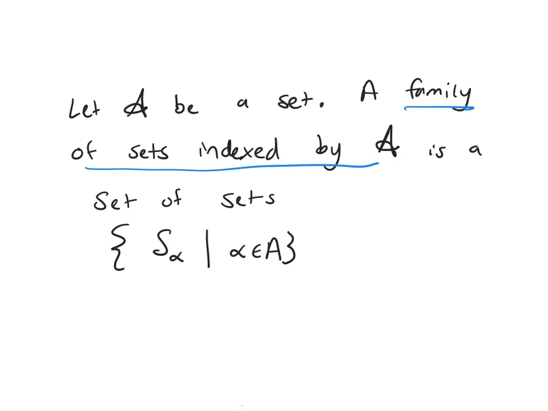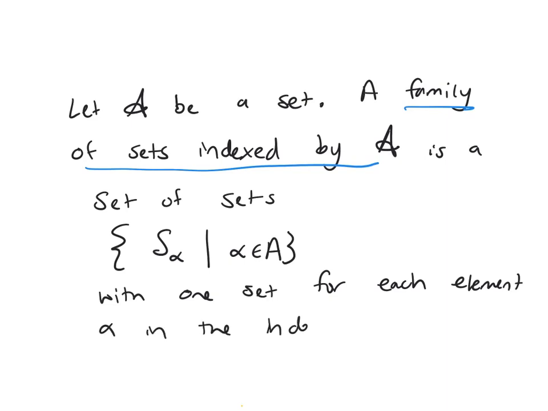And this set contains one set for each element alpha in the index set A. So we call this set A an index set.